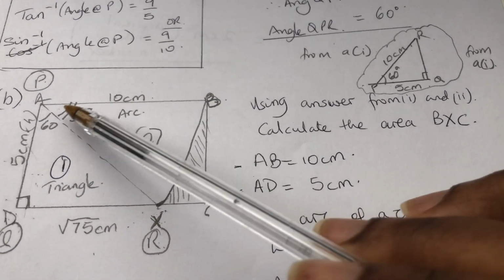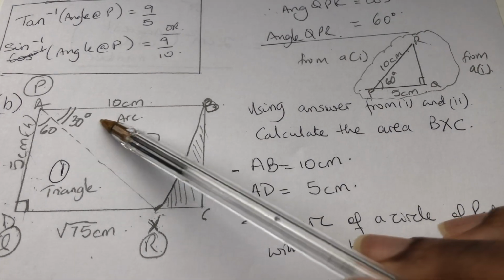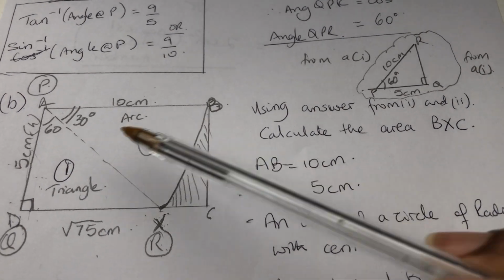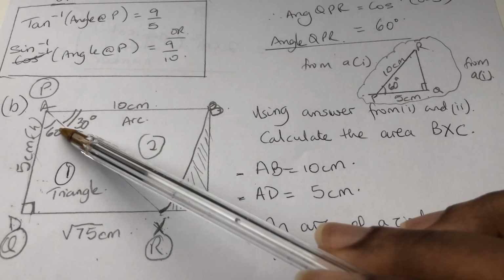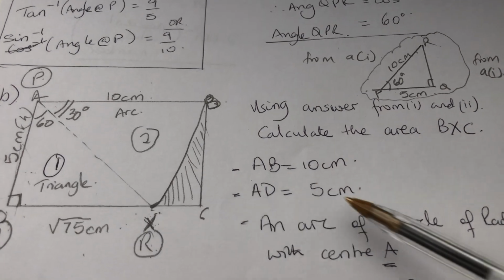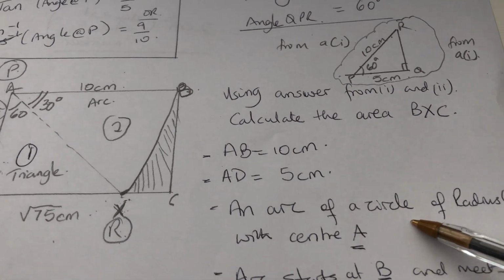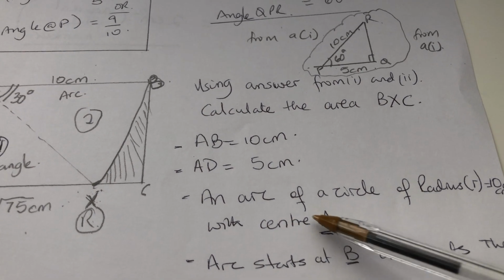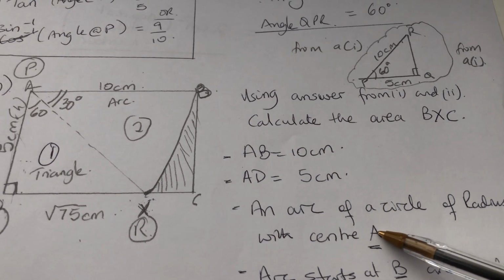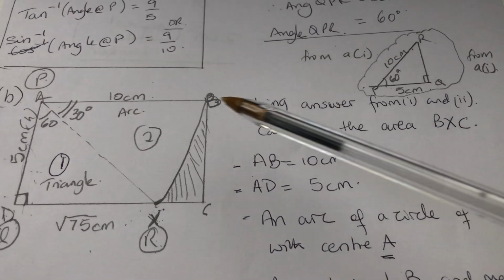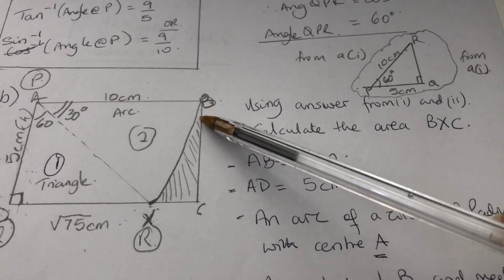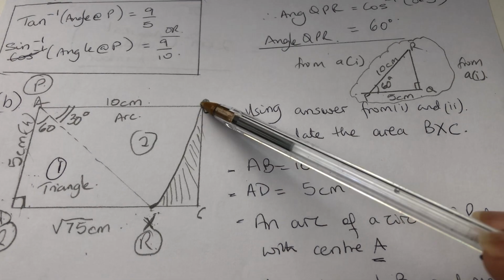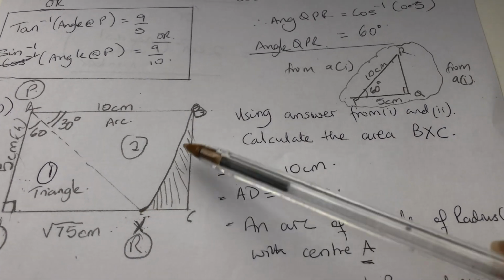AB is 10 centimeters. These diagrams are not to scale. AD is 5 centimeters. An arc of a circle of radius 10 centimeters with center A. So this is the arc they've drawn here. I drew it, the arc.